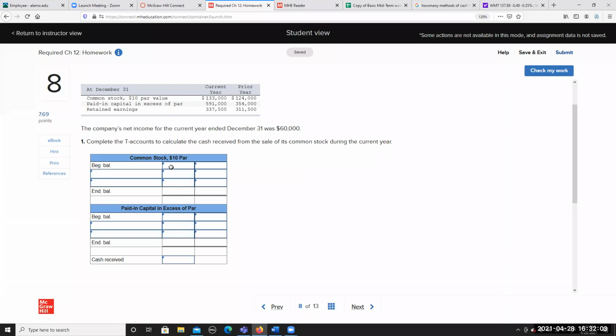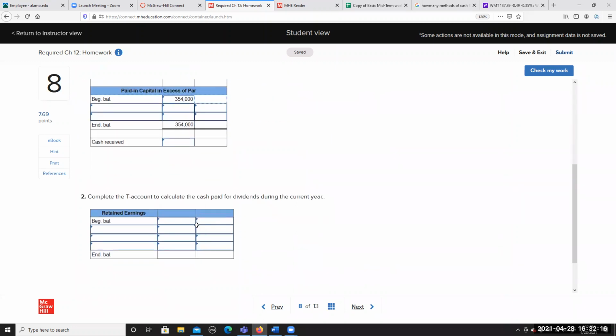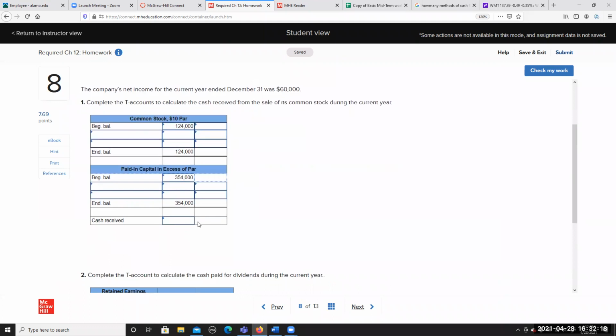Common stock started off with 124, and the paid-in capital started off at 354. They don't give us the, oh, they do give us the retained earnings, 311.5.